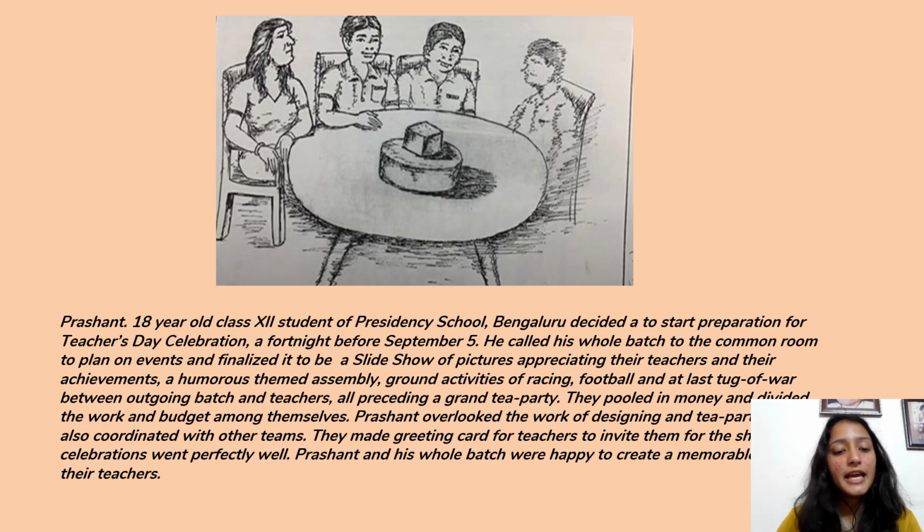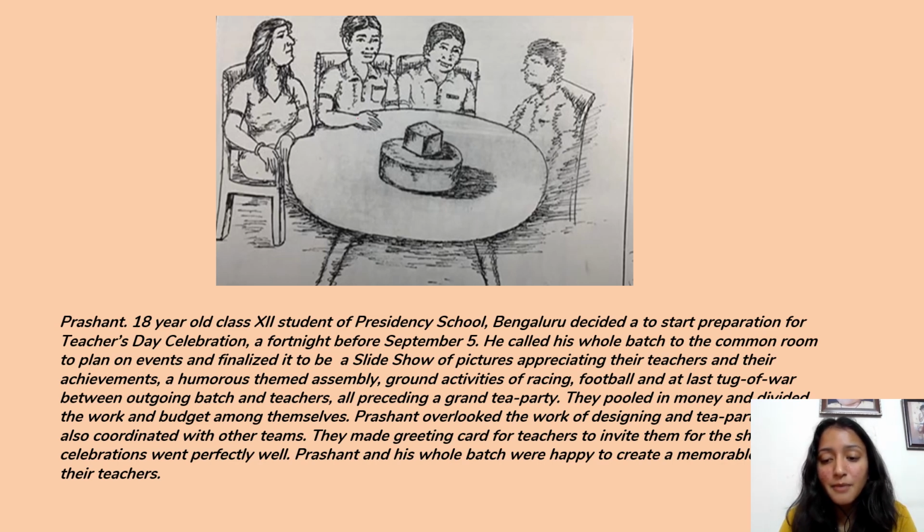Prashant, an 18-year-old class 12 student of Presidency School, Bengaluru, decided to start preparation for Teachers' Day celebration a fortnight before September 5. He called his whole batch to the common room to plan the events to be finalized. A slideshow of pictures appreciating their teachers and their achievements, a humorous theme assembly, grand activities of racing, football, and at last a tug of war between the outgoing batch and teachers, all preceding a grand tea party.